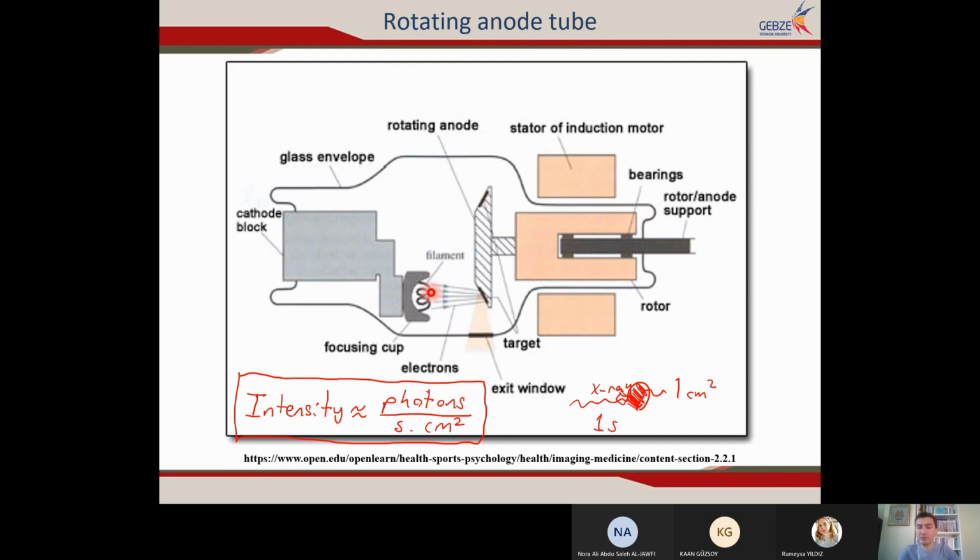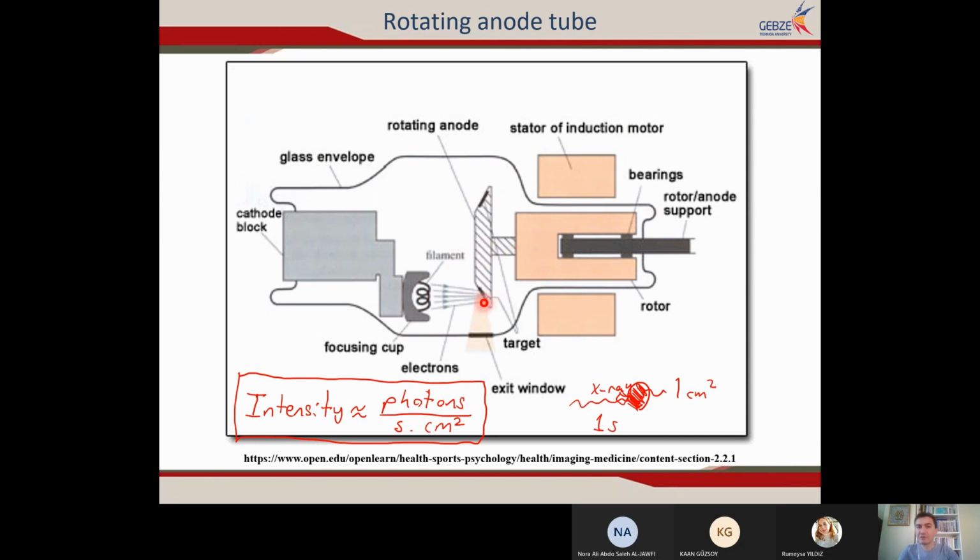We are talking about kilovolts, 30 kilovolts, 35 kilovolts, something like this. So these electrons are very energetic. And when they hit the anode material, this anode material becomes very hot. So some part of the electron energy is transferred to the anode material as heat, okay? And this anode becomes very hot.